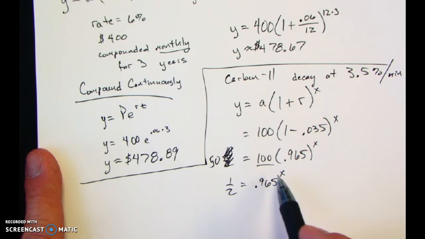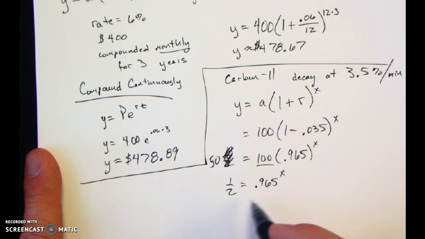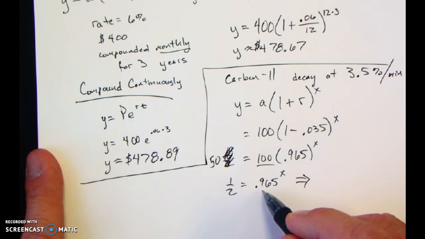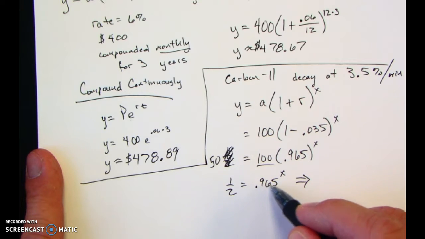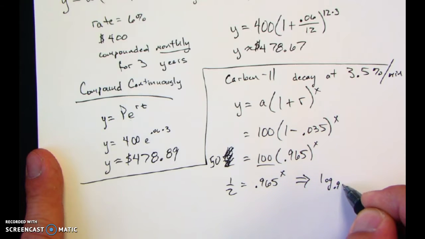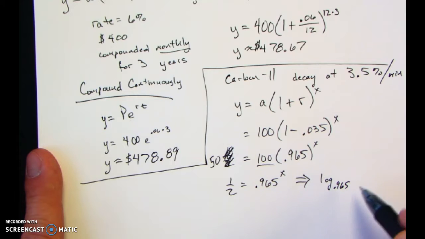For this example, anytime I'm solving for that x, I'm going to rewrite this as a log. The base is the base, so in this case it's 0.965. So log base 0.965 of 1/2 is x.